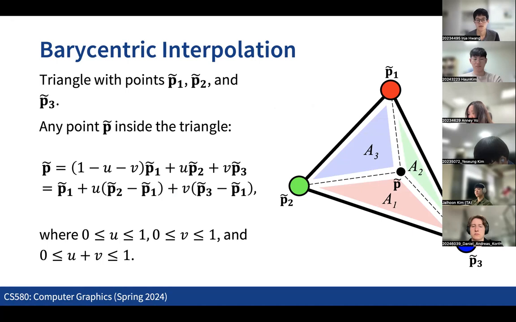And also, I recommend you to check this out. The weight, the coefficients for each of the points can actually be determined based on the area. This is also what we discussed last time.